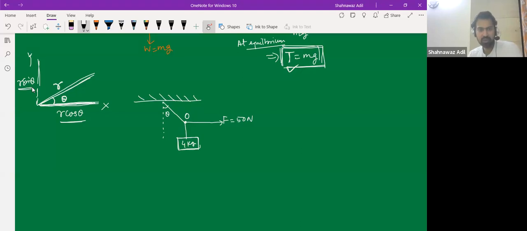Keeping that in mind, let us draw and mark all the forces at this point. We have this string and we have this weight. So on this 4 kg mass, how many forces are there?